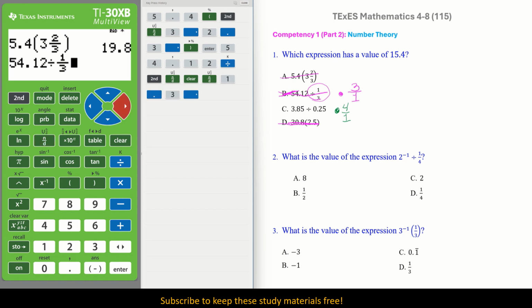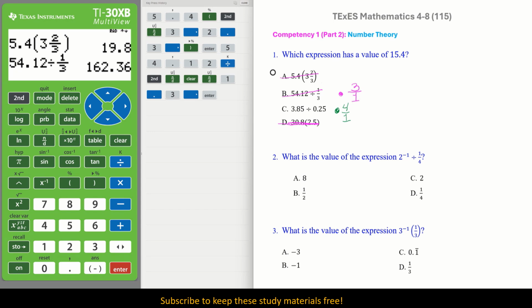I entered it correctly, and yes, like I suspected, it is a very large conclusion, so that isn't going to work.